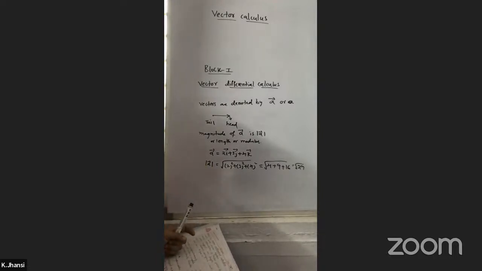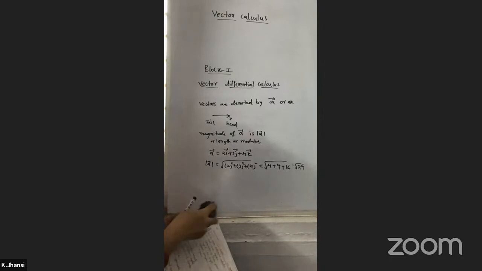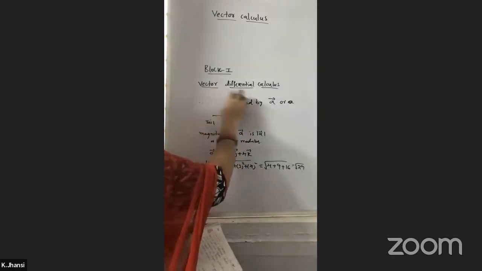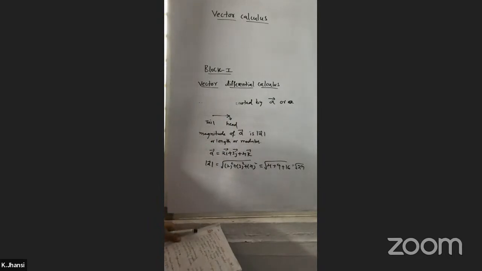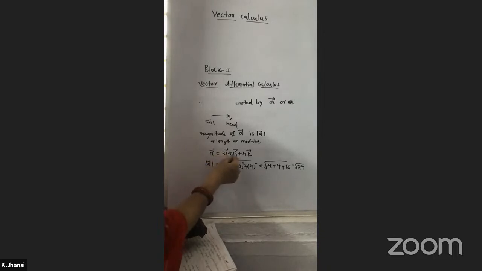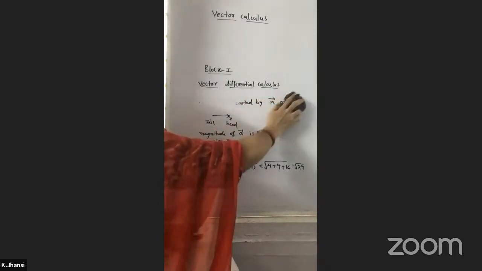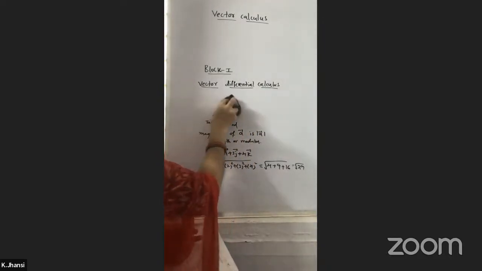And next, this is about vectors. If we go to scalars, scalars have only magnitude. They do not have direction. Scalars usually are real numbers, the numbers which have only a value. Such quantities are called scalars. All real numbers we can take as scalars.